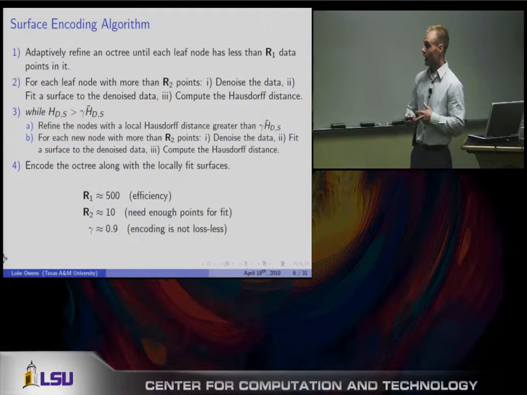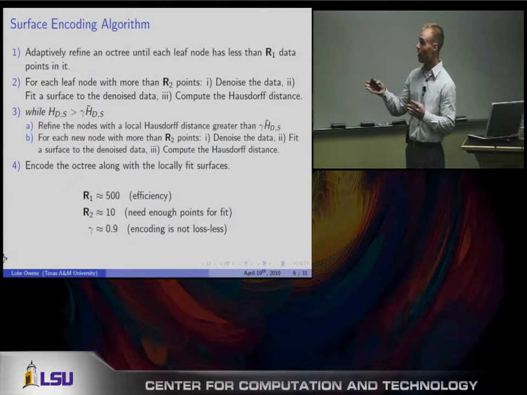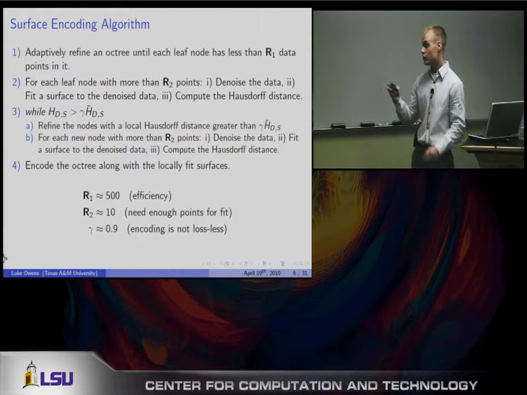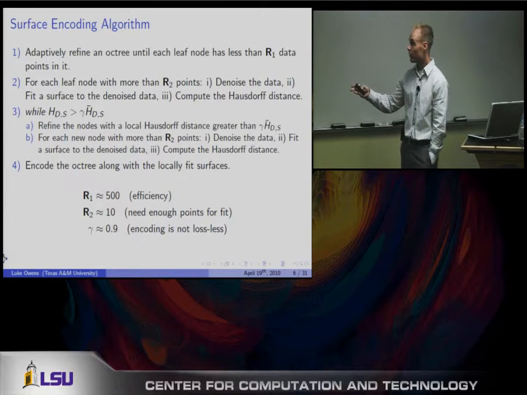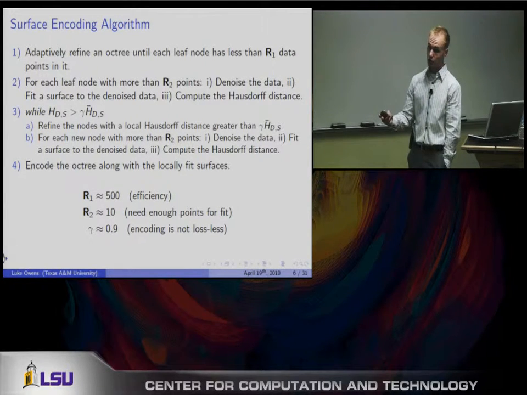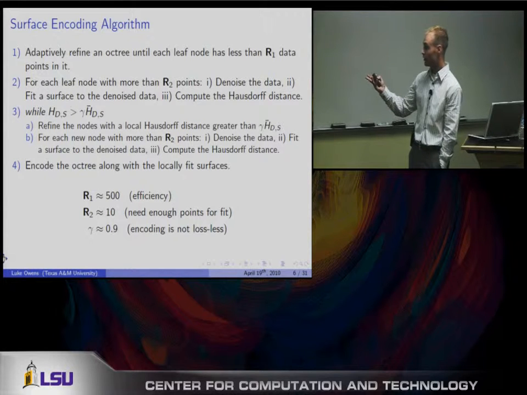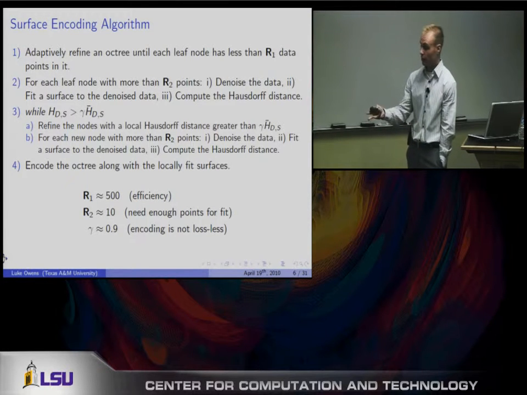Okay? And we basically repeat step 2 until we're done. So while our measured Hausdorff distance is greater than some percentage of our input Hausdorff distance, we refine the nodes where the Hausdorff distance is too large, and, like I said, repeat step 2. Denoise, fit a surface, compute the Hausdorff. And you keep doing that until you're within your tolerance.